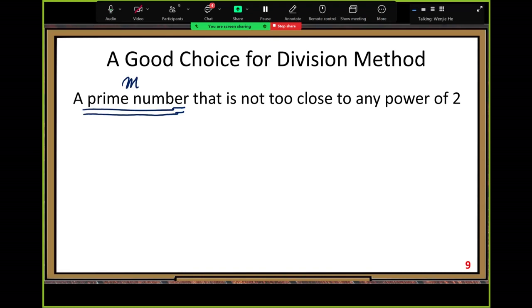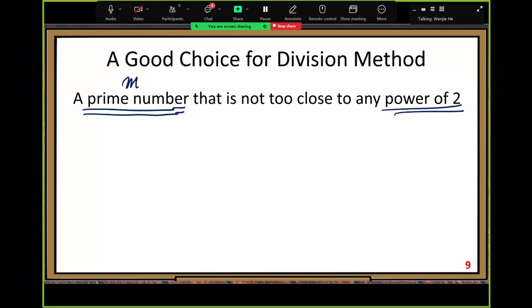But if the prime number is very close to a power of 2, then when we take the modulus there is a problem: if the last r bits are very close, there is a possibility those numbers map to slot numbers in a small range.